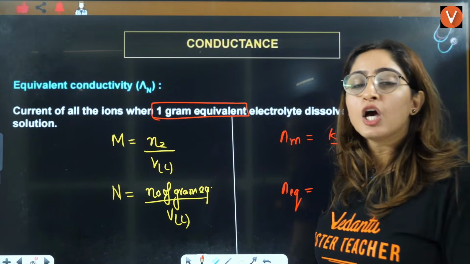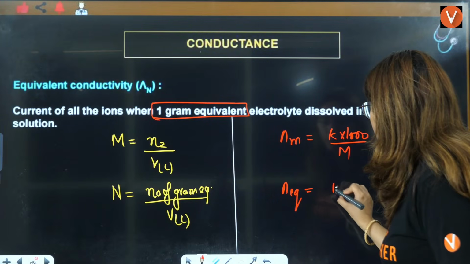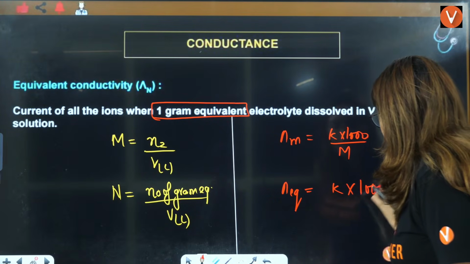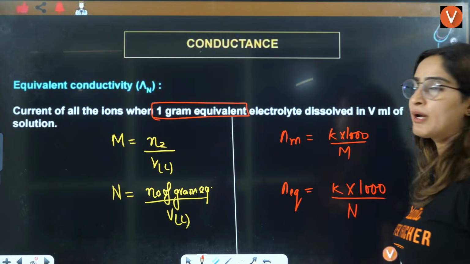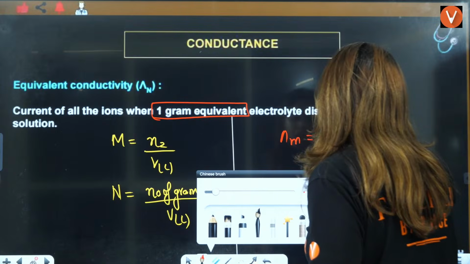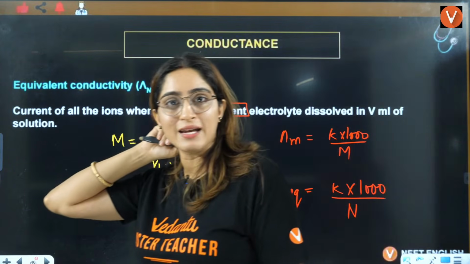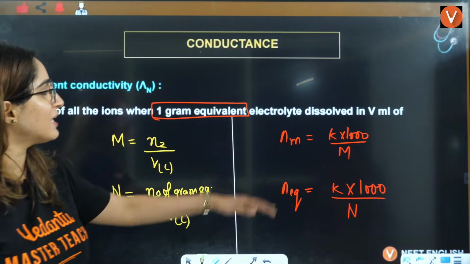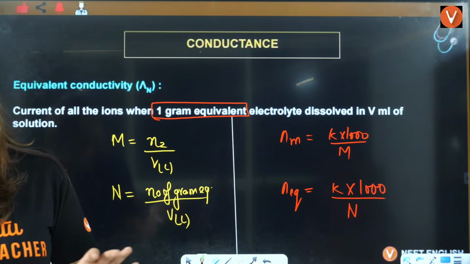So that's why molarity will be replaced by normality. Everything else is going to be same. Instead of molarity, you will have normality. Now, what if they give you normality or molarity? You can easily convert normality and molarity here. Right, everybody?